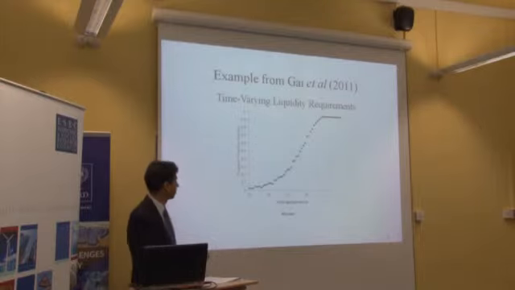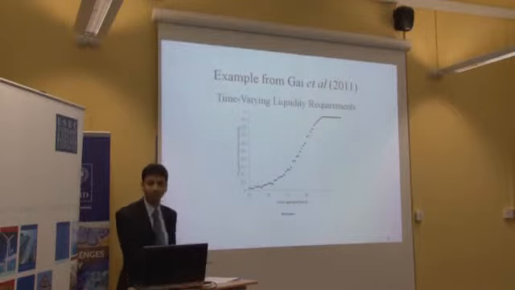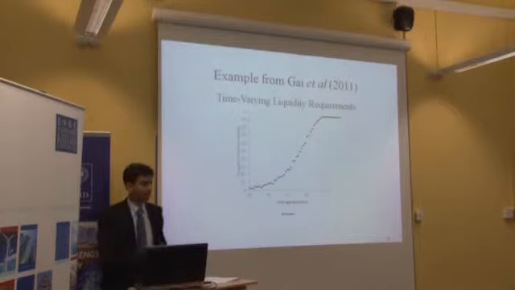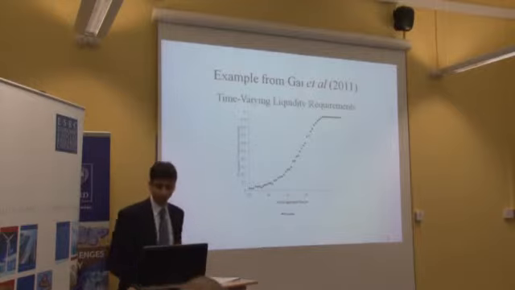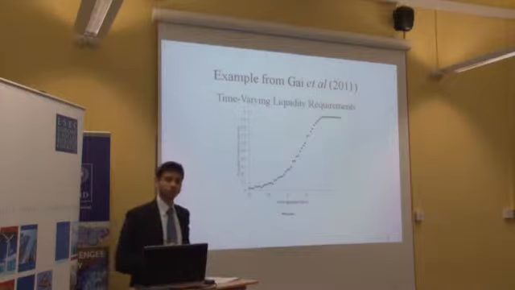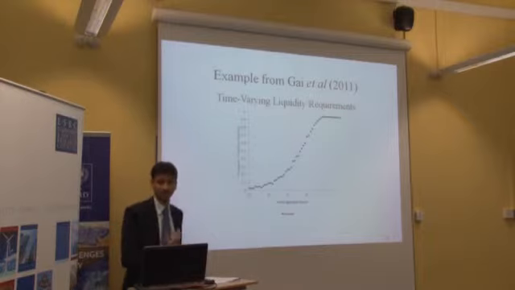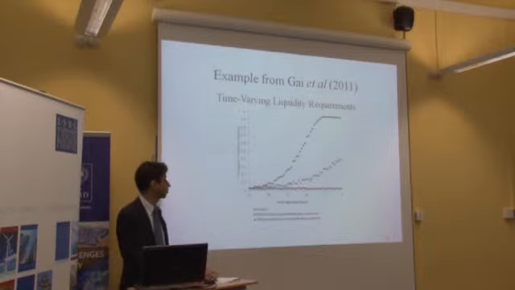Now, one response would be, well, maybe just ban haircuts below 20 or 15 or whatever number you want to choose. There are talks about minimum haircuts. Another possible response is to say, as time progresses, I'm going to ask banks to hold more liquidity to compensate for the increasing risk. That's what these two lines do.